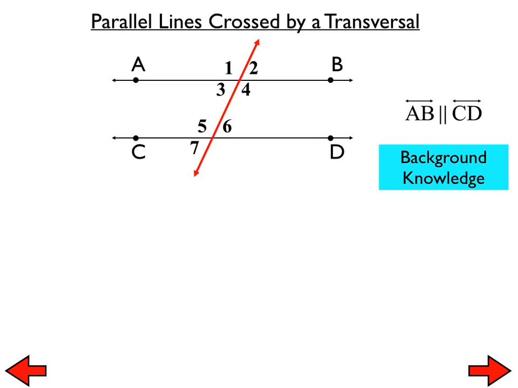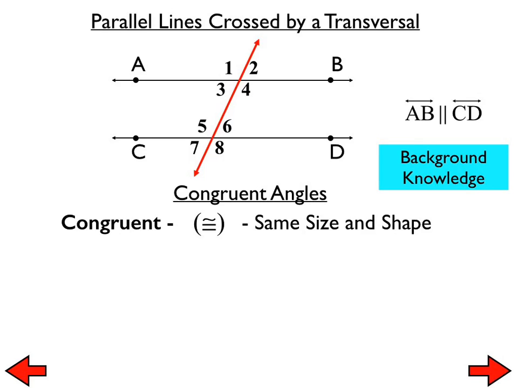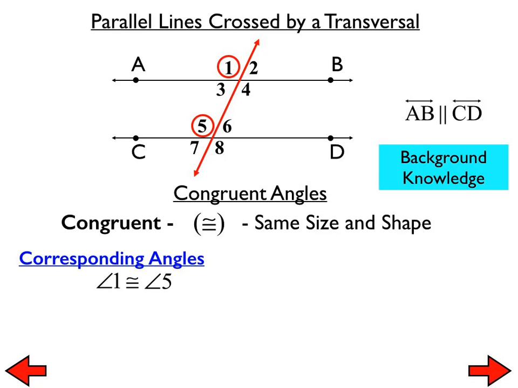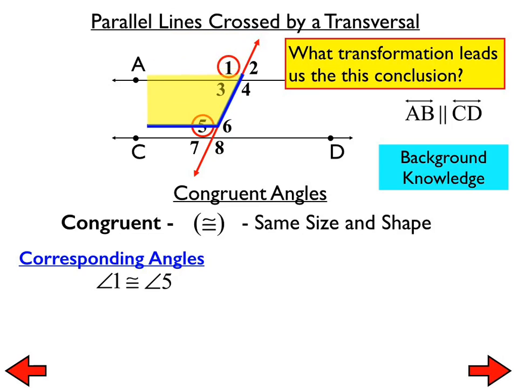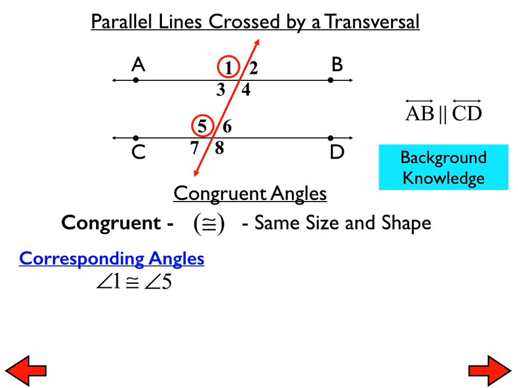So things like corresponding angles. I'm trying to go through this as fast as I can here. And those are corresponding angles. And we talked about the fact that those are congruent for things that we talked about earlier as far as rigid motions. In that case, it was a translation. And here are the rest of the corresponding angles from that picture.